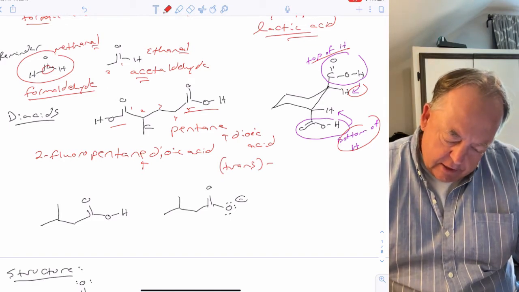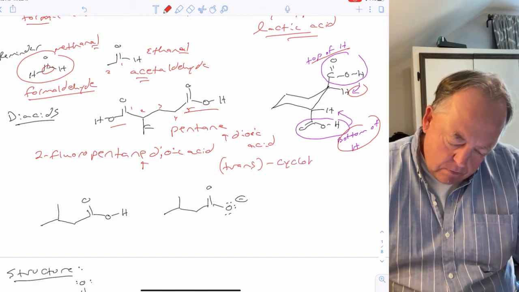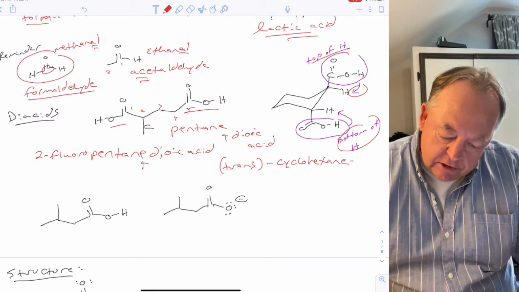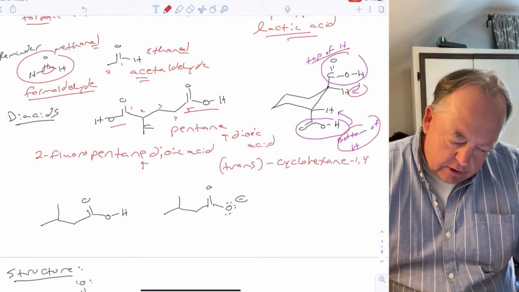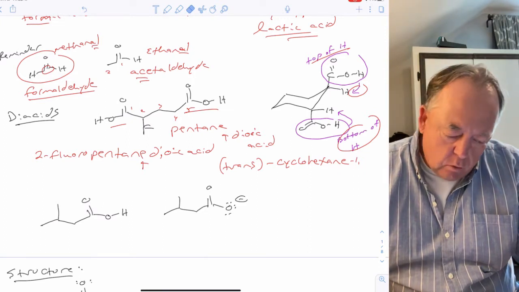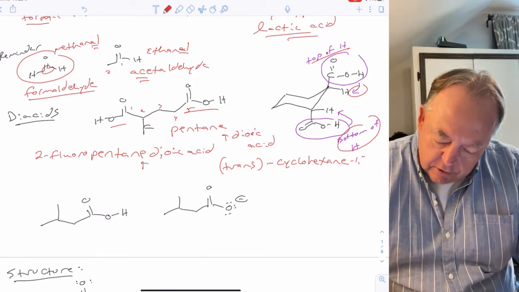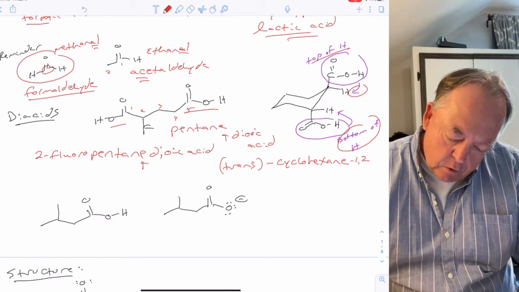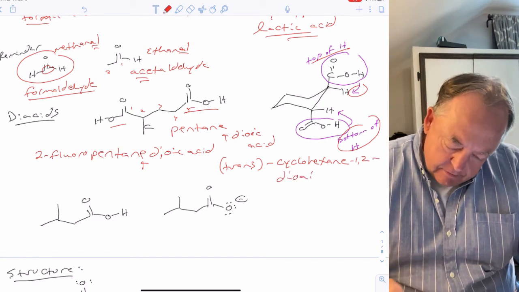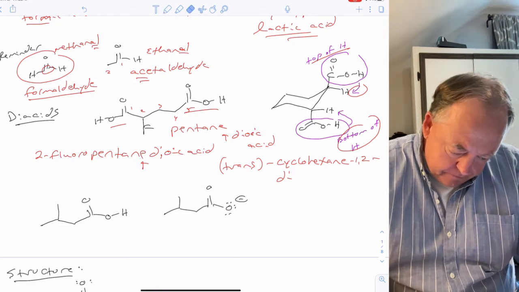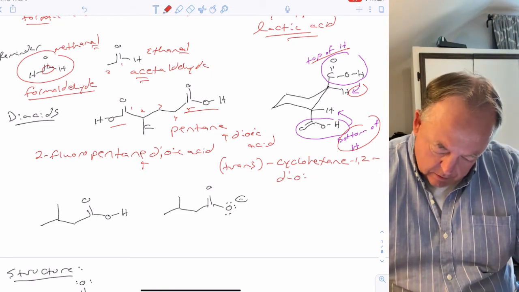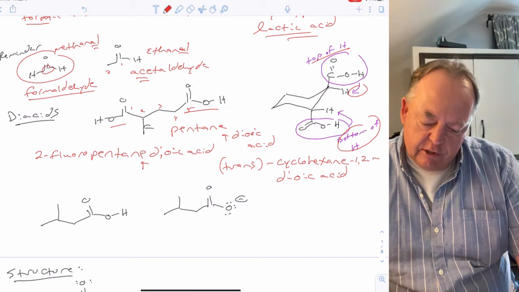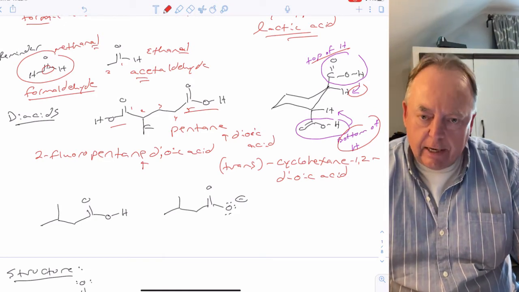And in cyclohexane, in this case, you would need the numbering scheme because the 2 carboxylic acids could be 1,2, 1,3, or 1,4 with respect to each other. So here they're 1,2. Cyclohexane 1,2. Man, I cannot spell. So that will be trans cyclohexane 1,2 dioic acid.